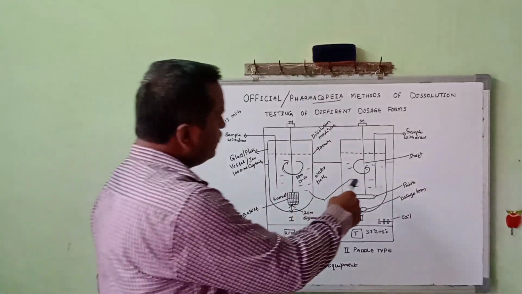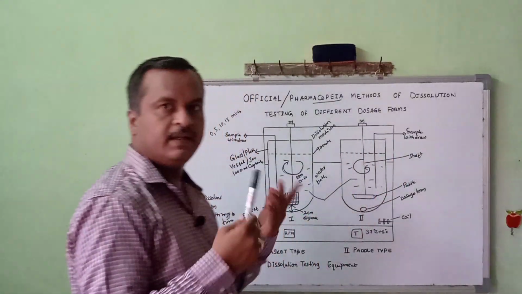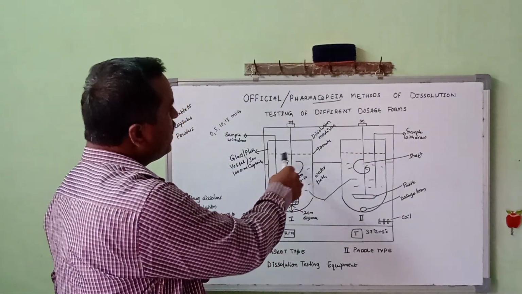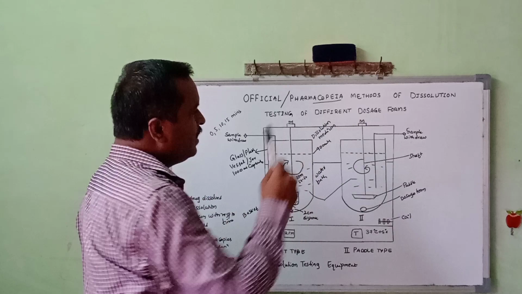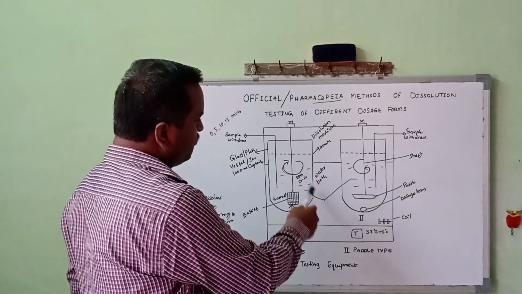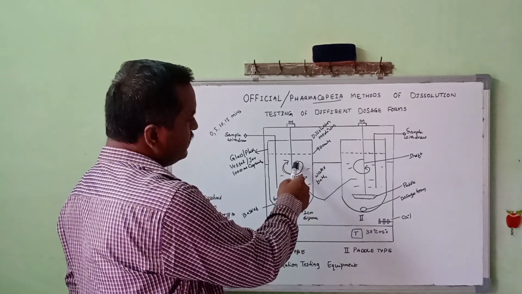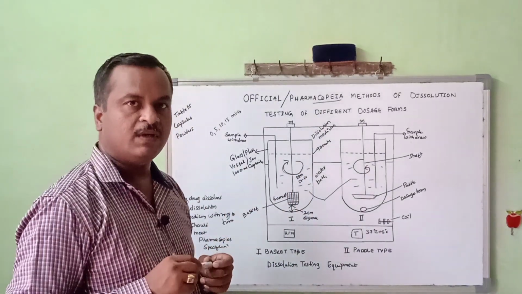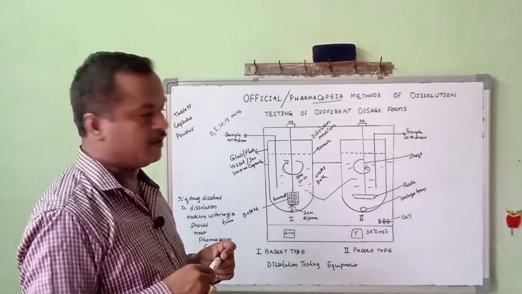This is the most important thing for the maintenance of the sink condition. The majority of these tests are carried out with 900 ml of dissolution medium, or sometimes 450 ml. Inside the jar, the dissolution medium will be selected based on the particular drug and particular type of dosage form.